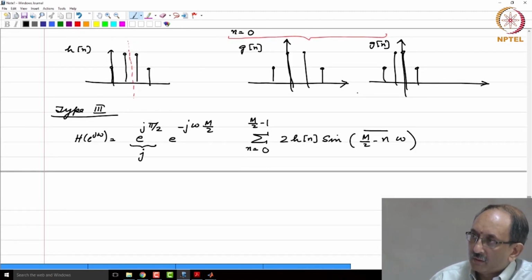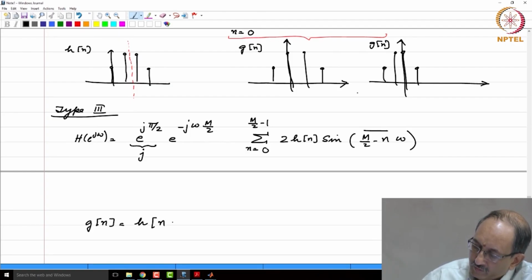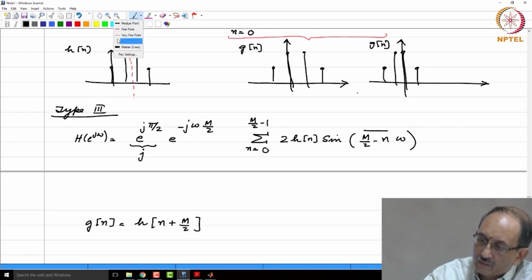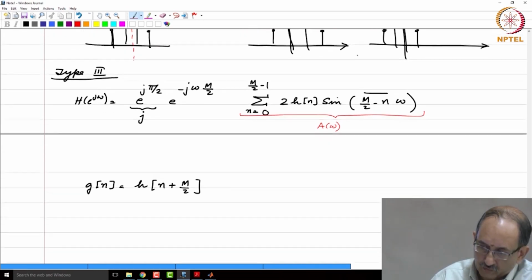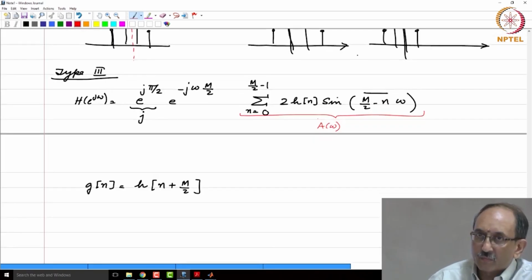Similar to the type 1 case, if you define g of n to be h of n plus m by 2, then you do have a filter g of n that has frequency response given by A of omega. Really it is j times A of omega, because g of n will be real and odd. Therefore, the Fourier transform has to be imaginary and odd. Therefore, the Fourier transform will be j times A of omega.